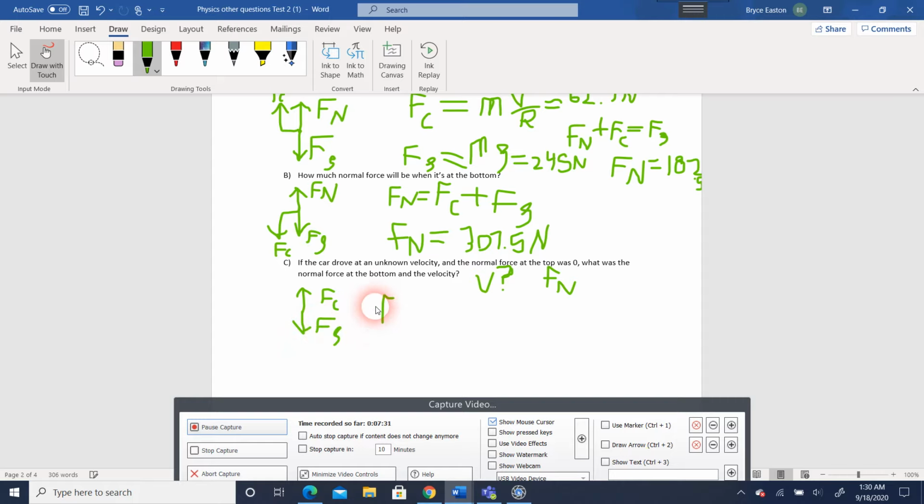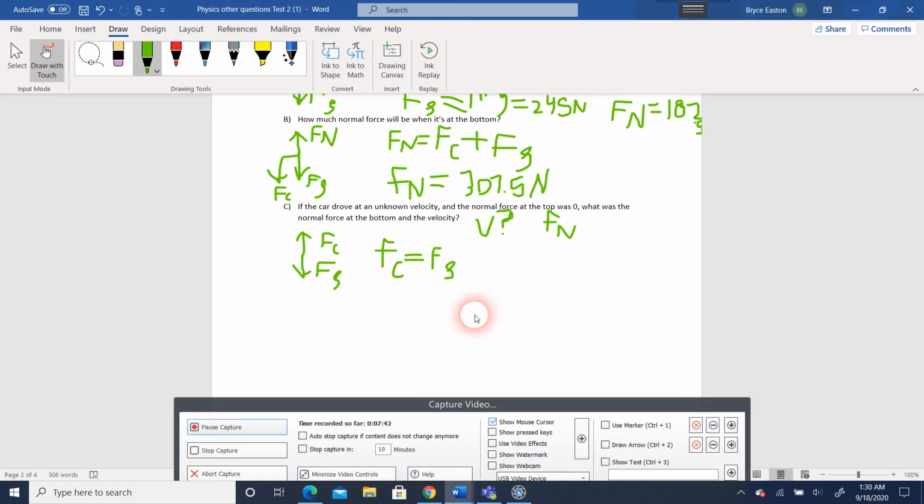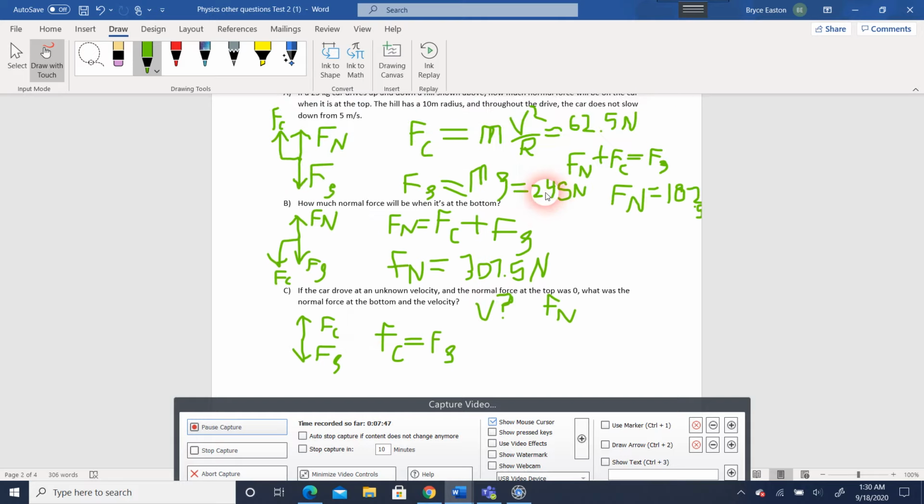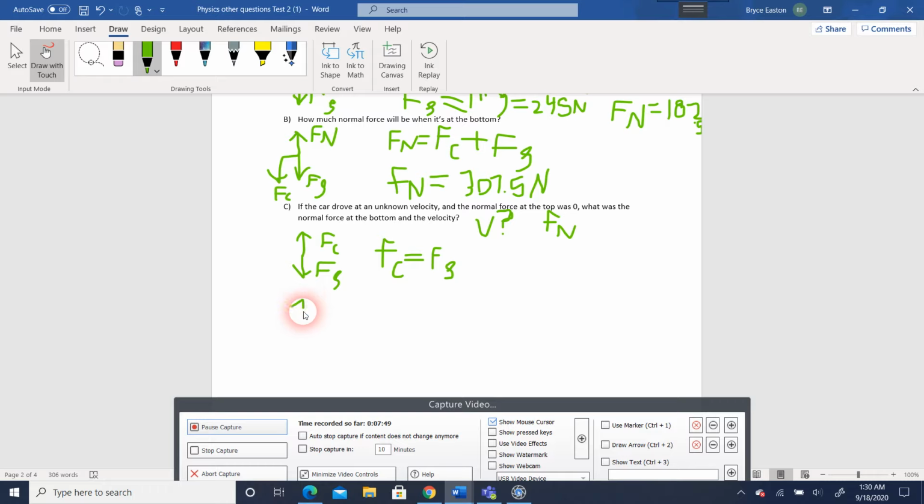That means our centrifugal force is going to equal our gravity, which will allow us to calculate the velocity, because we already know that gravity is going to remain constant. So we got 245 equals Fc, which equals mass times V squared over R.